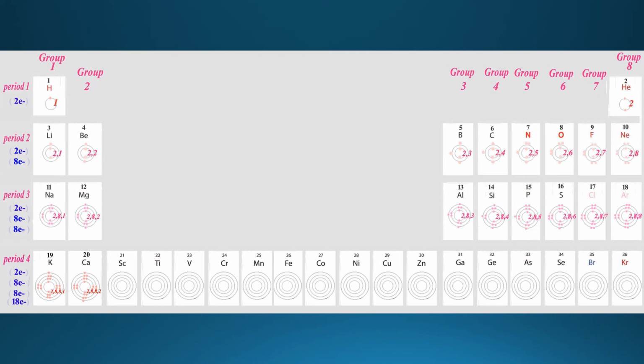You will have to know first shell 2, second shell 8, total number 10, and the remaining 5 will go onto the third shell. So if I randomly pick any atom, you have to know this electron shell distribution rule. This is called electron configuration of the Bohr model. Thank you.